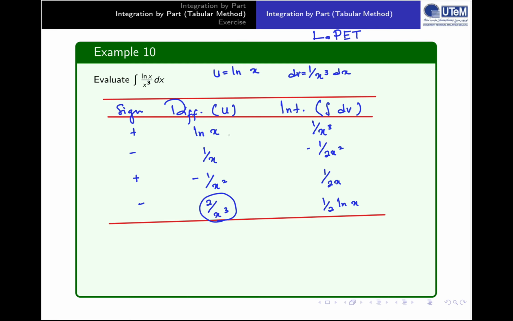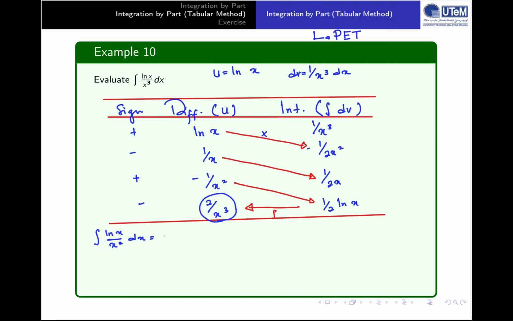Okay, so here we multiply between this value and this one, and then since you cannot get 0, so the last one you must integrate with this one. So this one is integration. Okay, so from here we can get the integrations of ln x over x cubed dx. You can get ln x times negative 1 over 2x squared here.